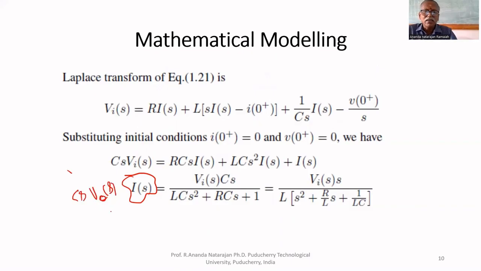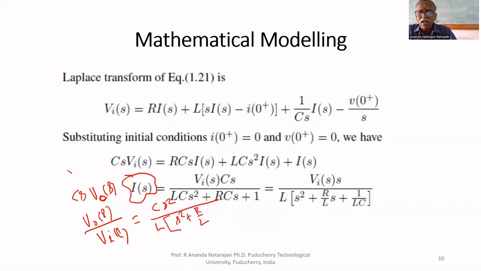So now we can find V naught of s upon V I of s equal to Cs square upon L. We are taking L outside: S square plus R by L S plus 1 by LC.